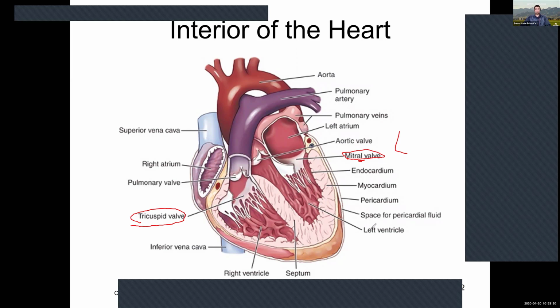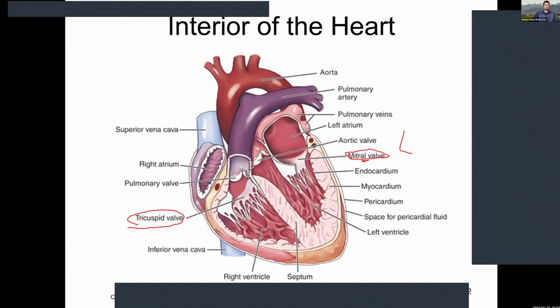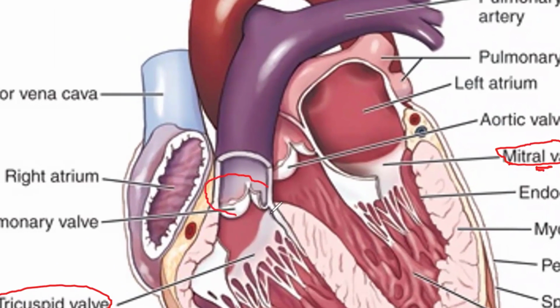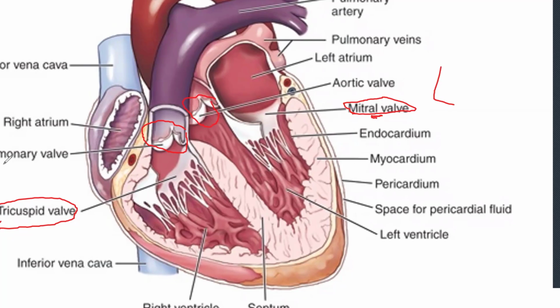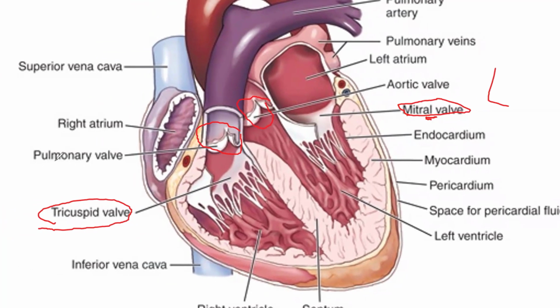Then we have what's called the semilunar valves. The semilunar valves are the valves that are here at the opening of the pulmonary artery and here at the opening of the aorta. So the pulmonary valve is a semilunar valve, and the aortic valve is a semilunar valve.